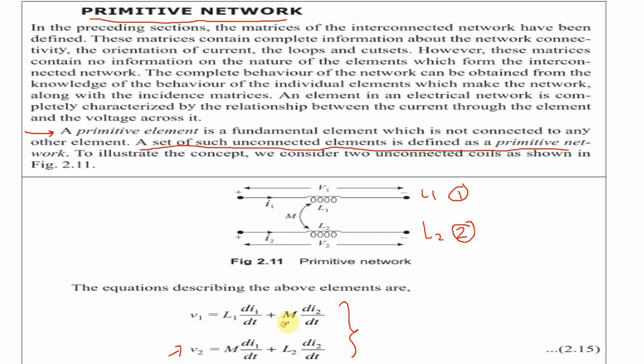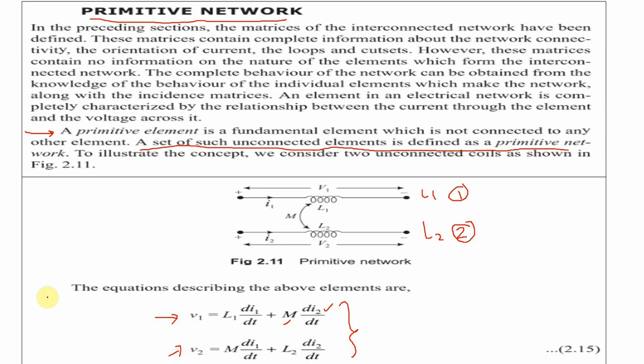So this mutual term is related to the second element. Suppose you are going to write down the equation for V1, this M belongs to di2, and the di1 term comes when you write down the equation for V2. So these are the basic equations for the primitive networks.